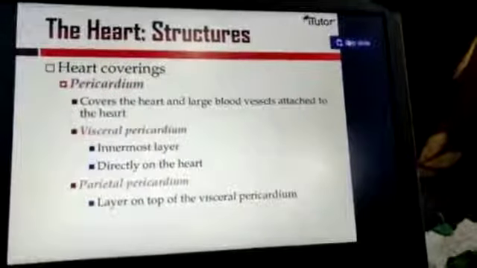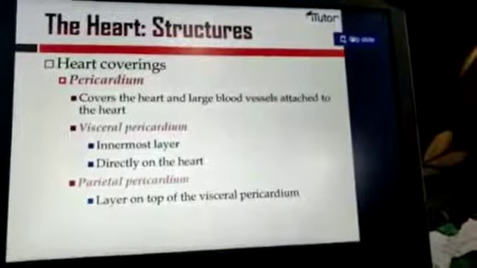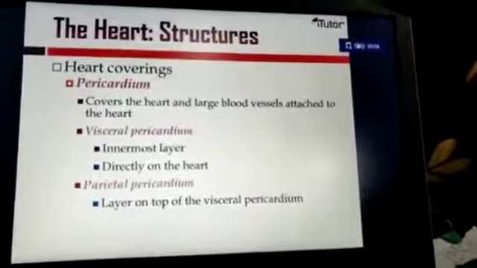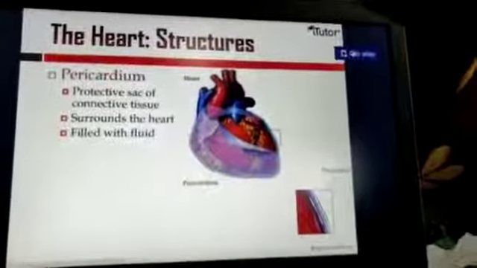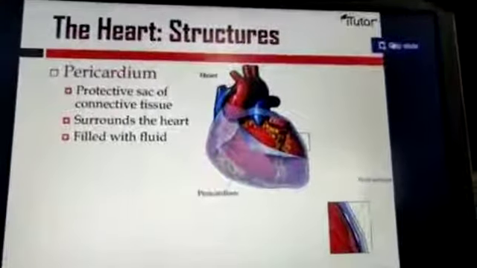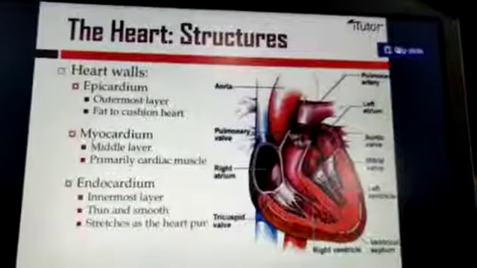Now, heart coverings. The heart is covered by the pericardium, which covers the heart and the large blood vessels attached to the heart. The pericardium is the outermost membrane or layer, made of connective tissue, which surrounds the heart and is filled with fluid.